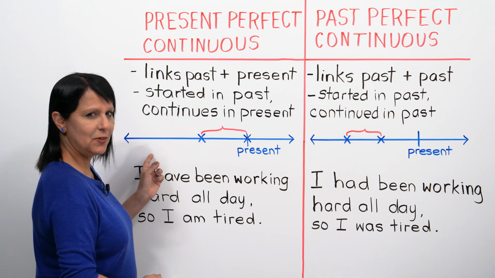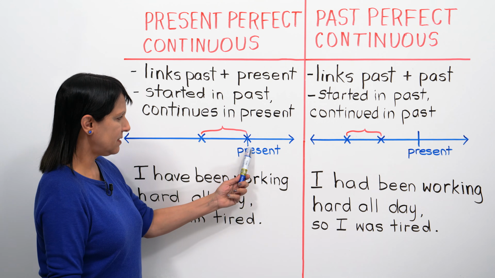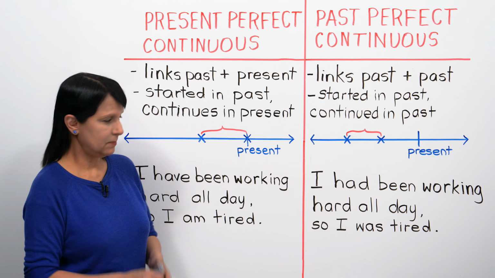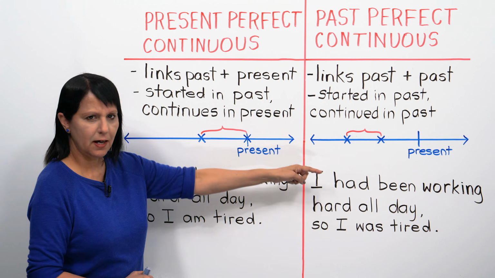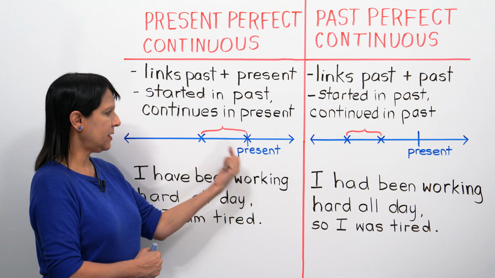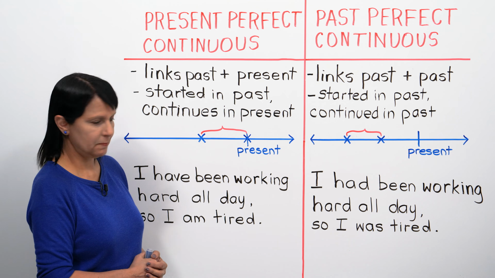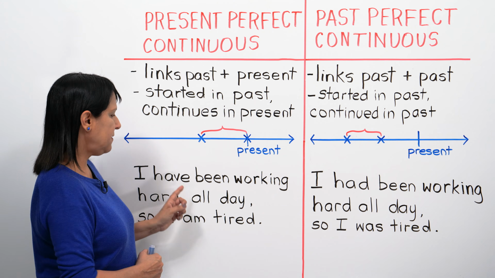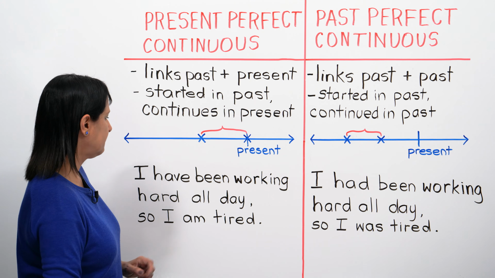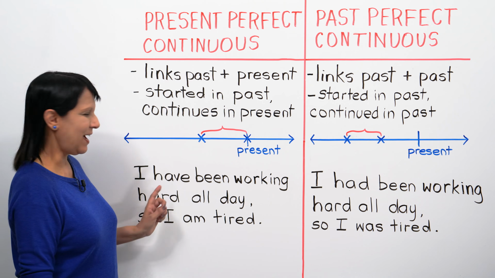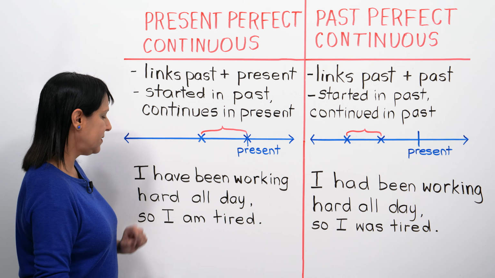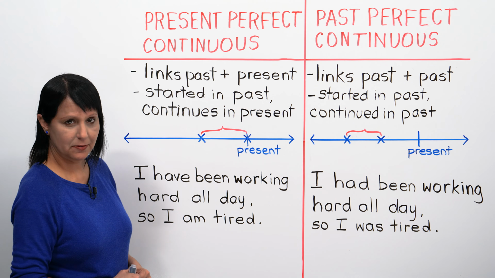So, this is our timeline. This is the present or now. Okay? Everything before this is the past. Everything after this is the future. But right now, we're interested in this part. So, if I say, for example, I have been working hard all day, so I am tired.